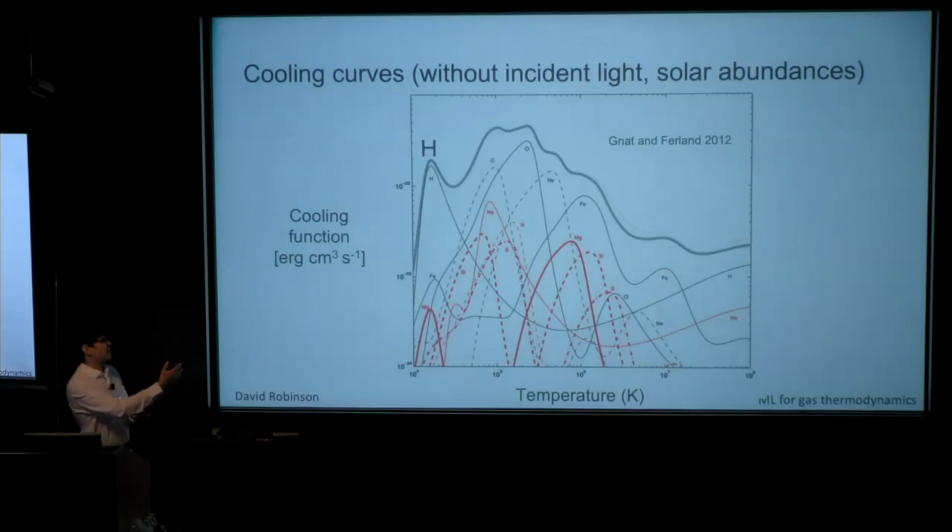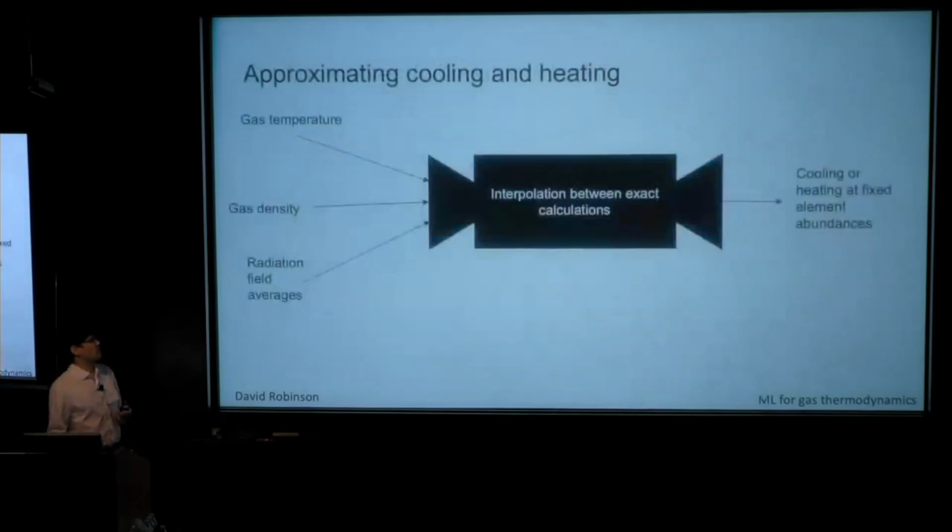In addition, as you see here, if we change the pattern of element abundances, the total cooling curve is going to change. And if there's an incident radiation field, that changes the cooling and heating functions from this plot as well. So in practice, in a simulation, what we really want to do is pre-compute a table of exact calculations and then interpolate between them.